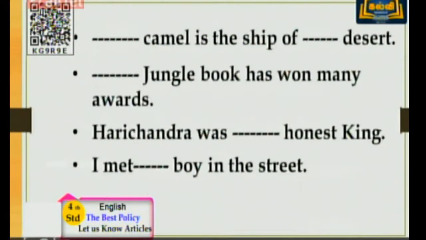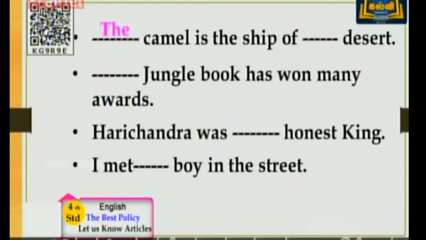Next one. Dash camel is the ship of dash desert. Try to write the article there. Say the word camel and see the word desert. Which article should you use there?